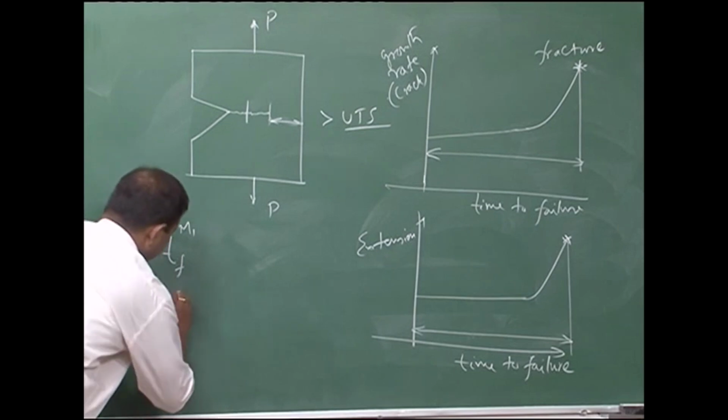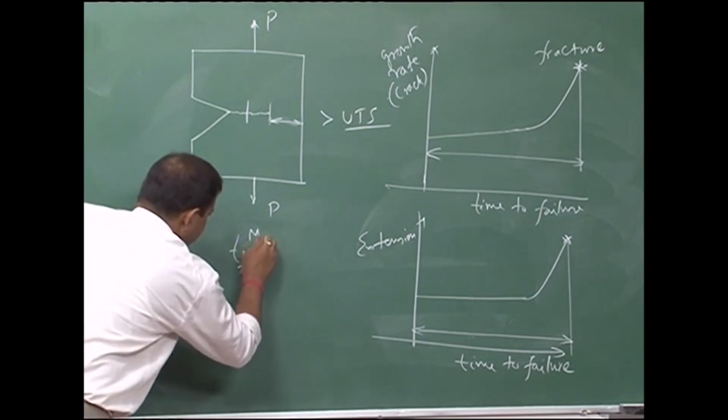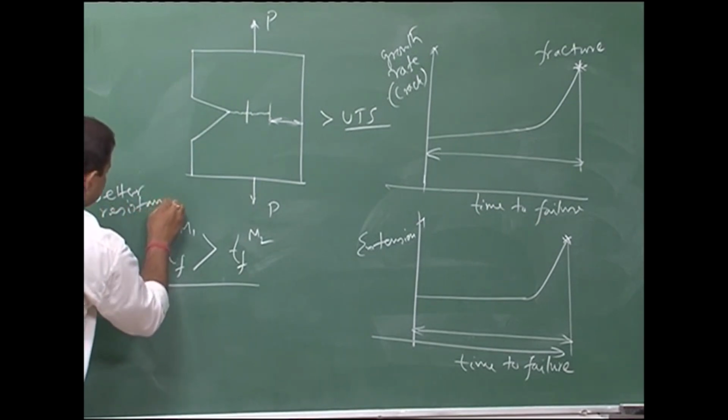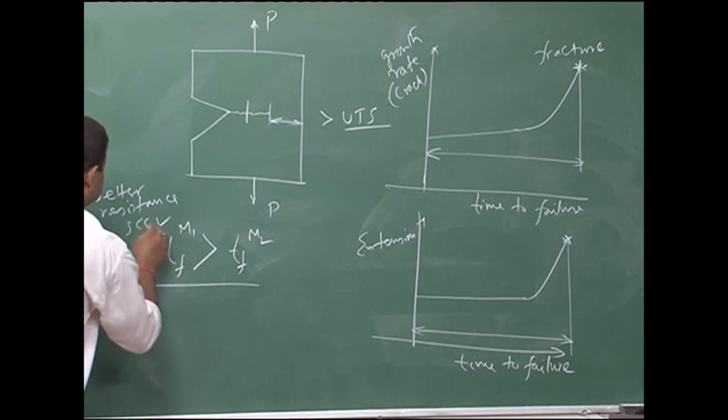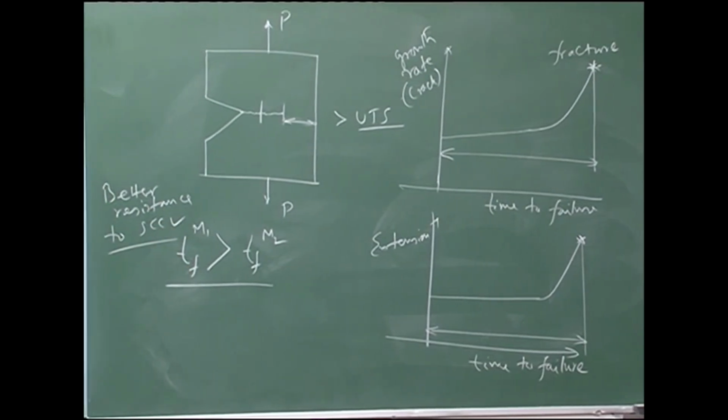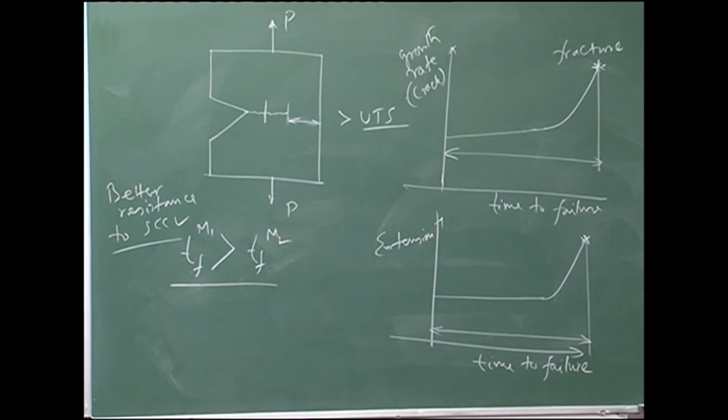If the TF of M2 is greater than this, then M2 has better resistance to SCC. So, this time to failure is an important parameter in order to judge the SCC tendency of a particular metal or alloy when it is exposed to a particular solution.